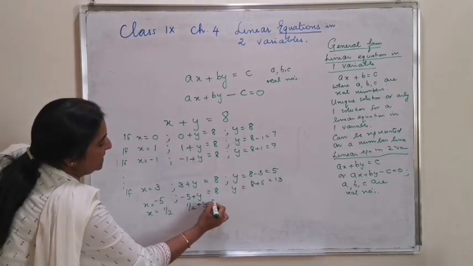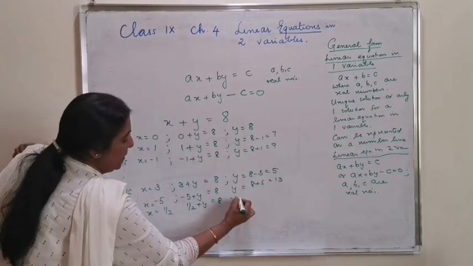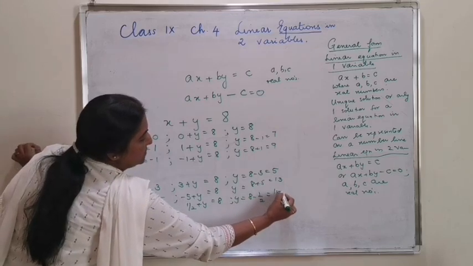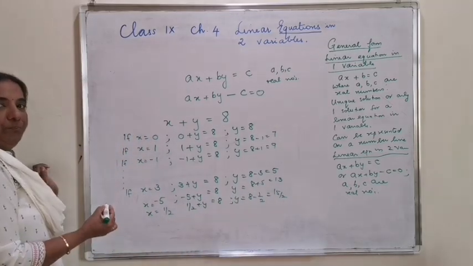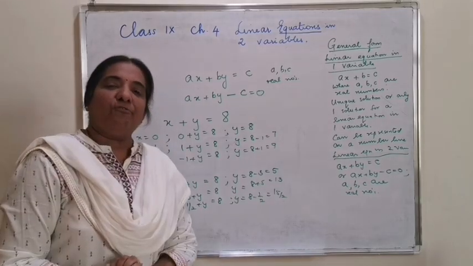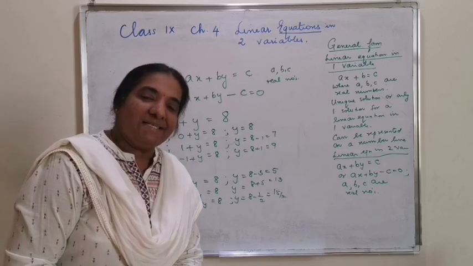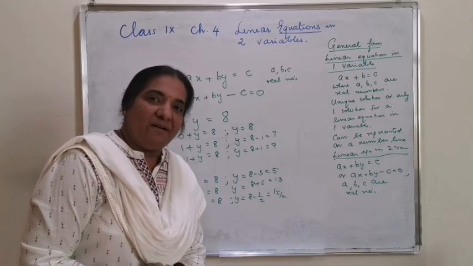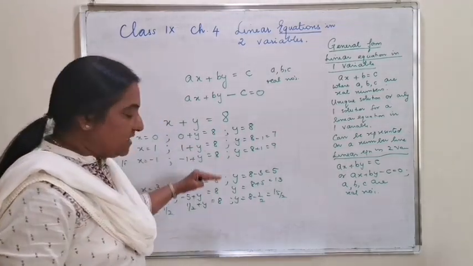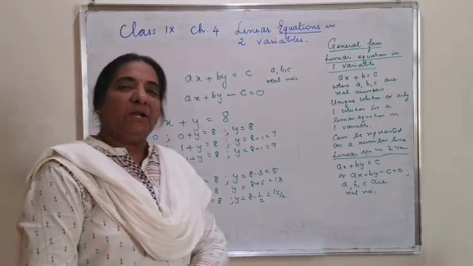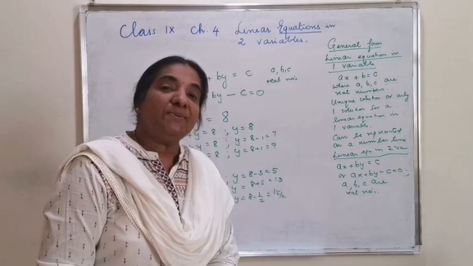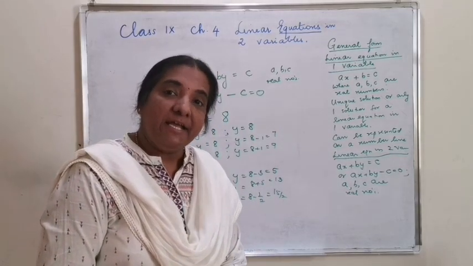Half plus y is equal to 8, so y is equal to 8 minus half, 16 minus 1, which is 15 by 2. Since any real value is possible for x and y, as you have observed here, there are infinite pairs of solutions which will satisfy the given equation.